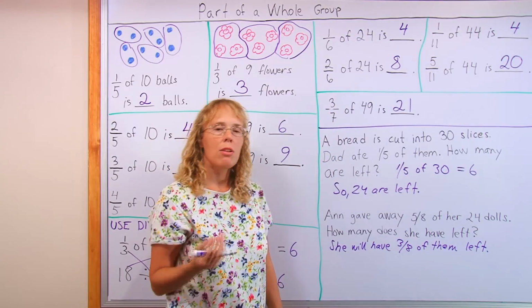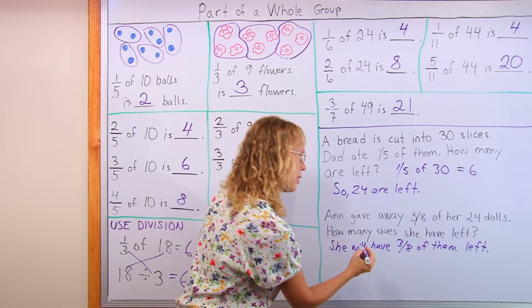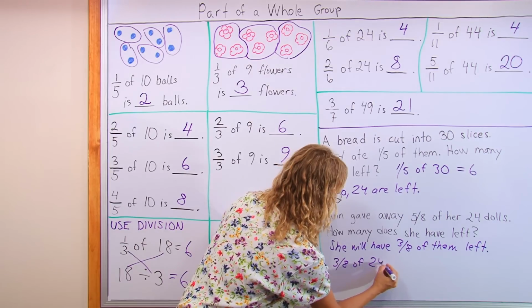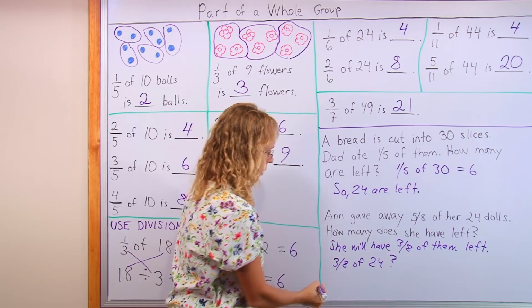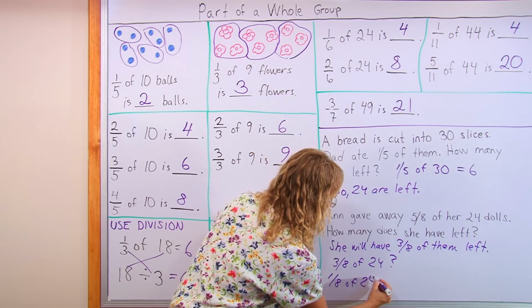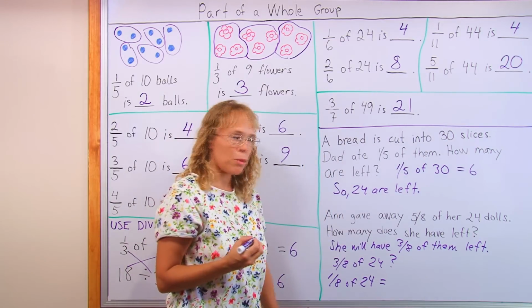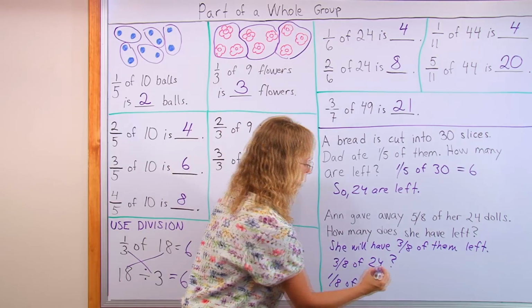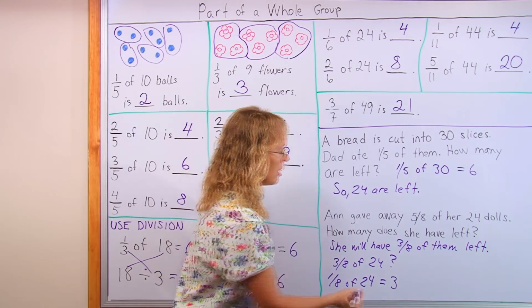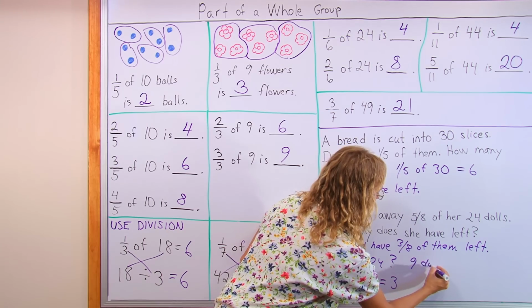And so now we calculate 3/8 of 24. Start out by finding 1/8 of 24. That's a division problem. 24 divided by 8 is 3. And so this is now 3 times as much. It is 9. 9 dolls left.